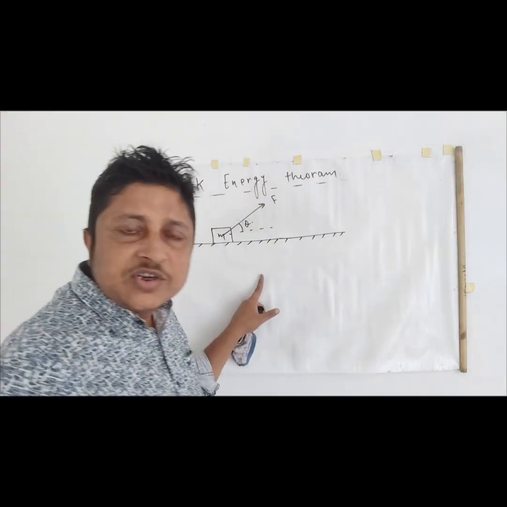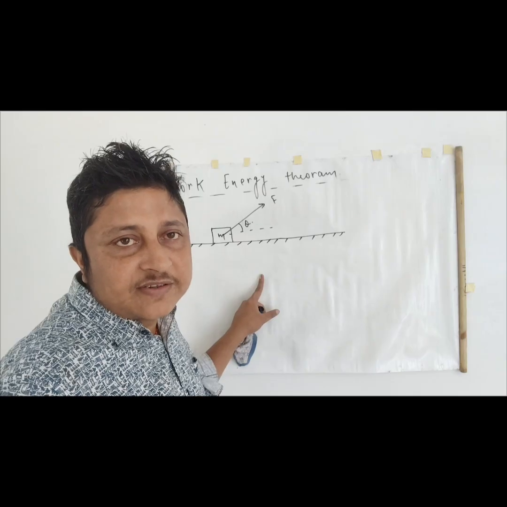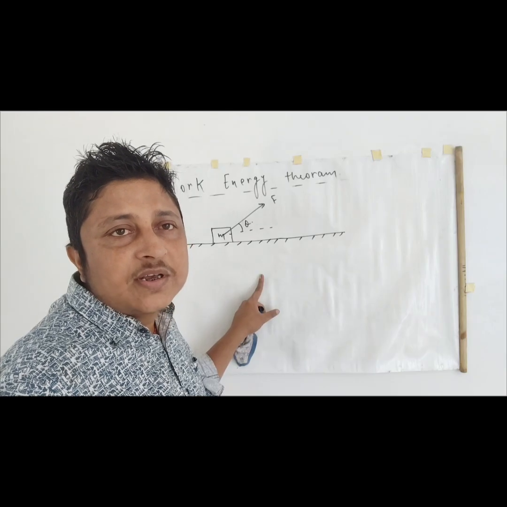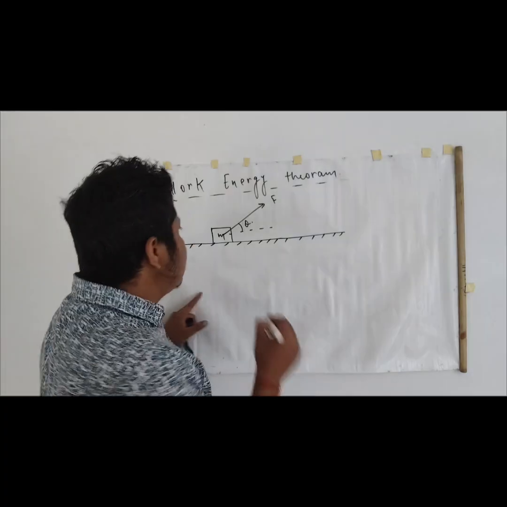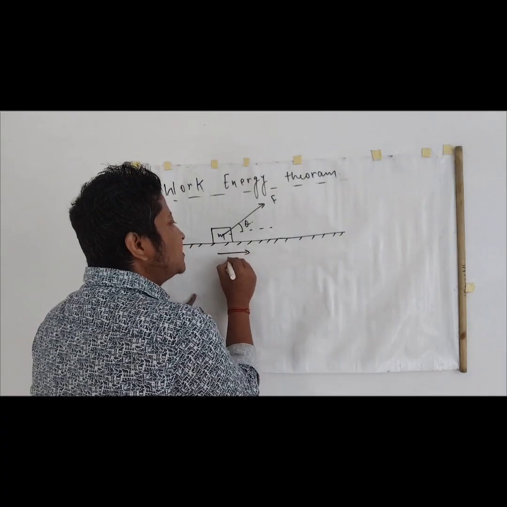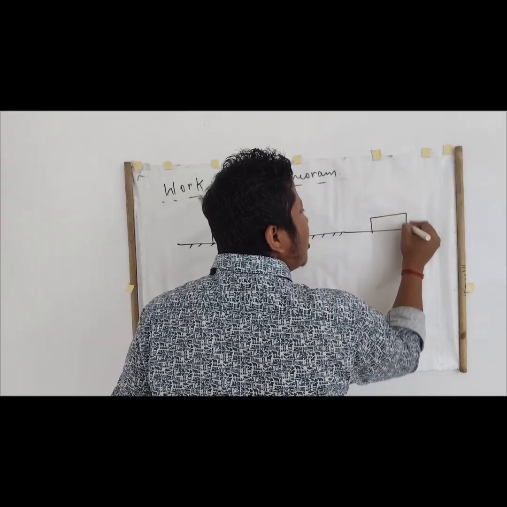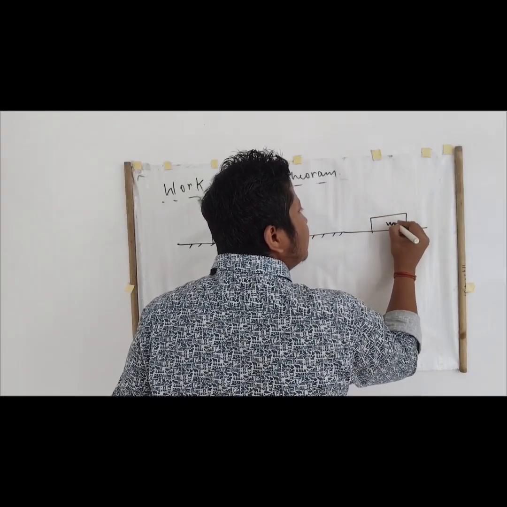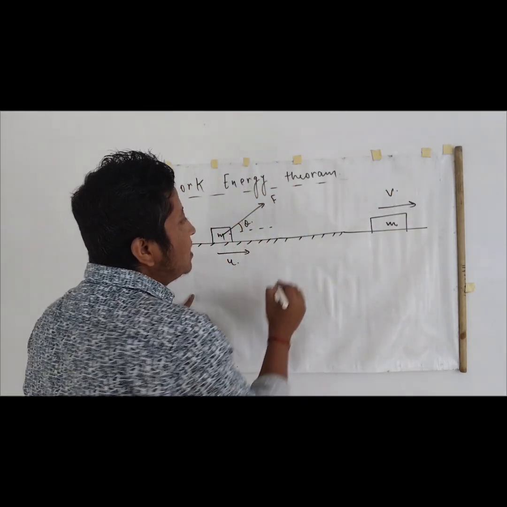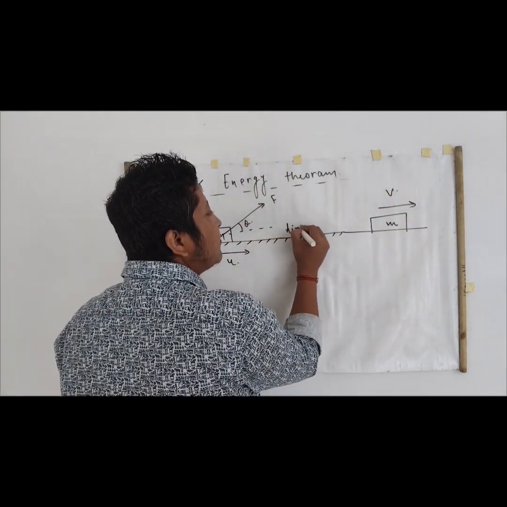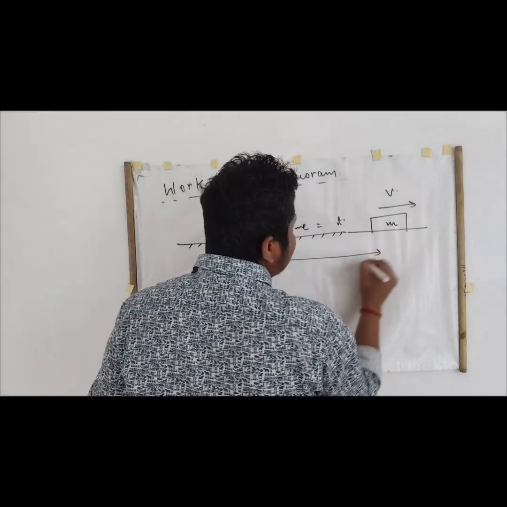This is the old situation in which a body is sitting on a frictionless table and is pulled by the force F making an angle theta with the horizontal. The initial velocity of the body is u, and after time t the velocity becomes v. During the time for which the force F acts, the body is displaced through a distance s.